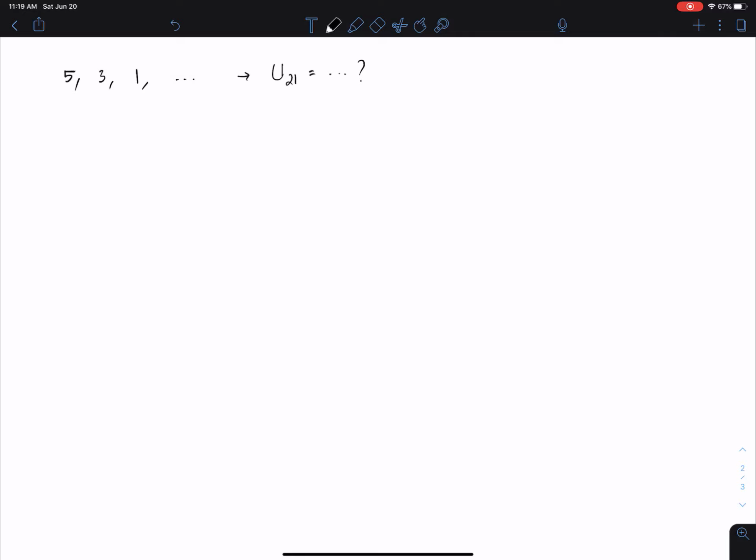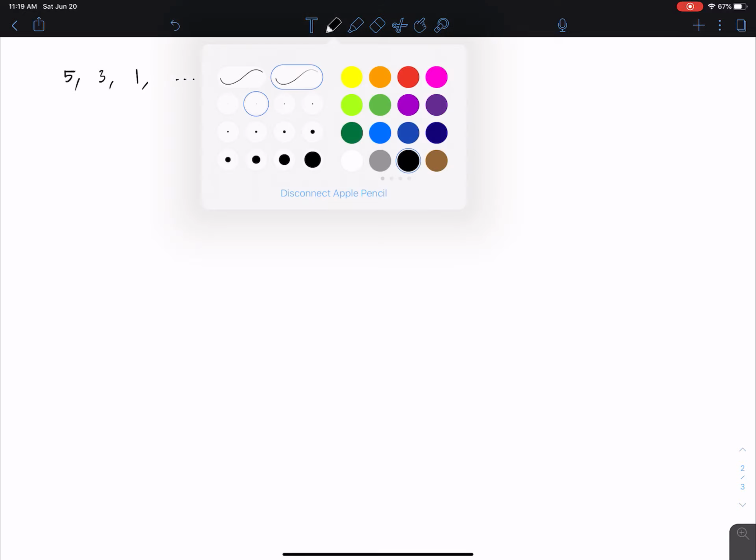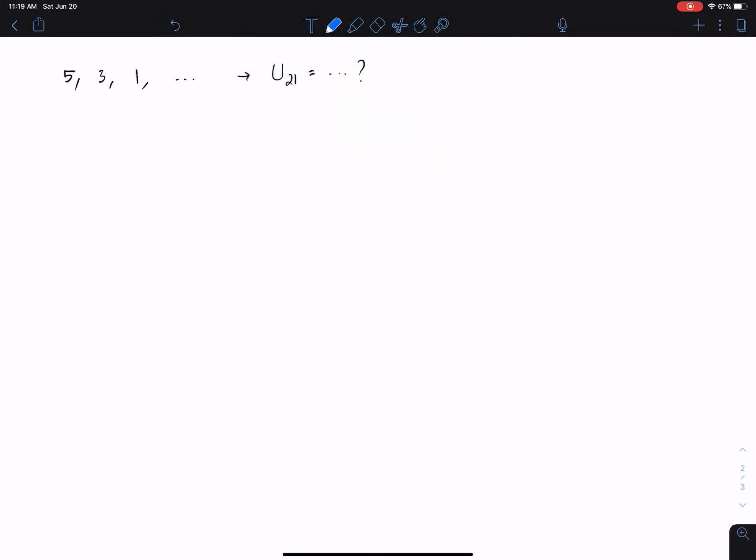What we need to do first is try to figure out the formula for this sequence. As we said, this is u1, and the difference we can see here is minus 2.